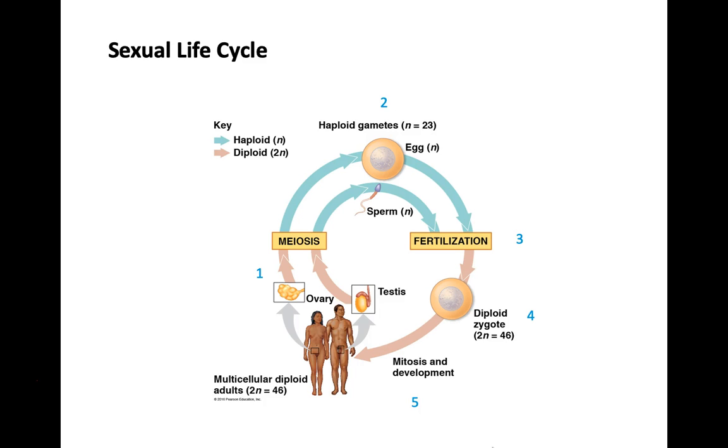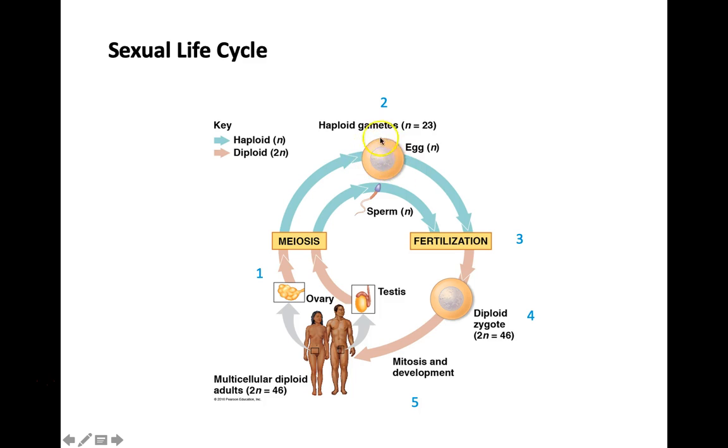So let's look at the sexual lifestyle. I keep saying lifestyle, I mean cycle, sexual life cycle. So in this diagram here, we have the ovary producing the eggs and the testes producing the sperm. That occurs via the process of meiosis. In that process, in the ovaries, eventually we produce the egg.